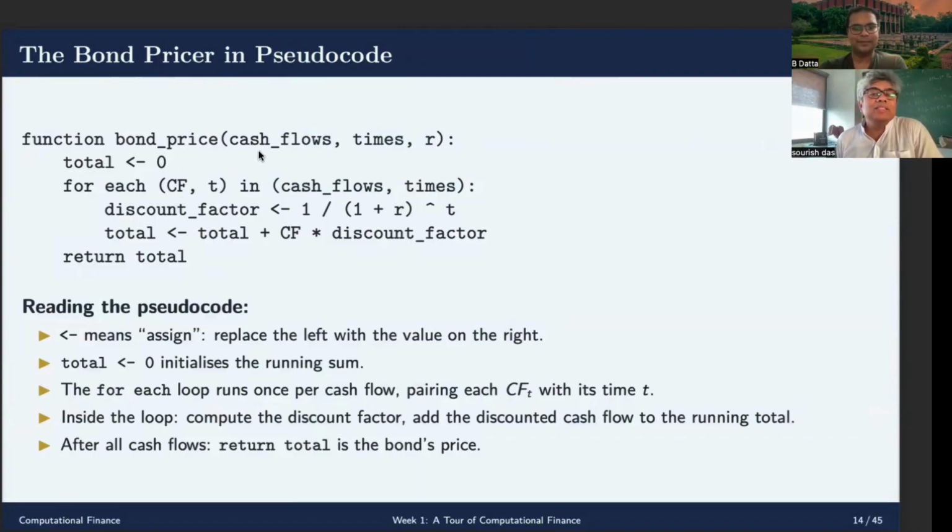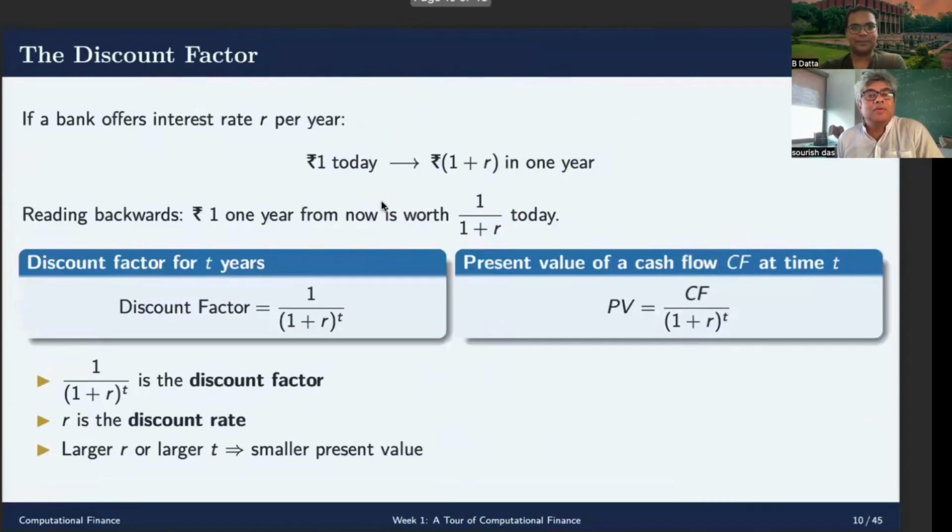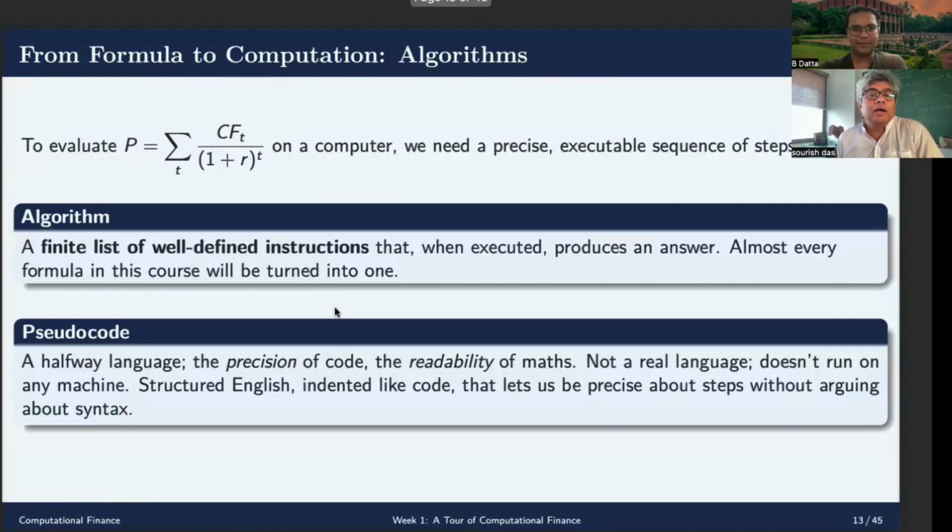Then for each cash flow and at each time point, first you calculate the discount factor, that is 1 over 1 plus r to the power t, right? So if you go back, yeah, this is 1 over 1 plus r to the power t. This is the discount factor that you compute.